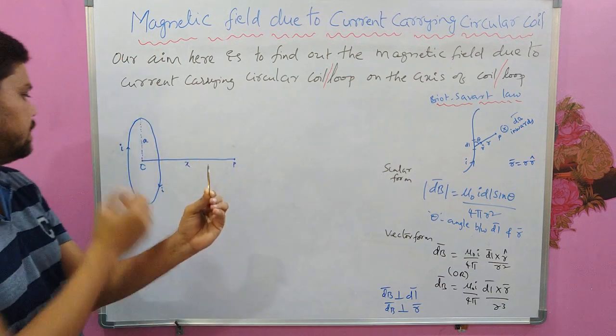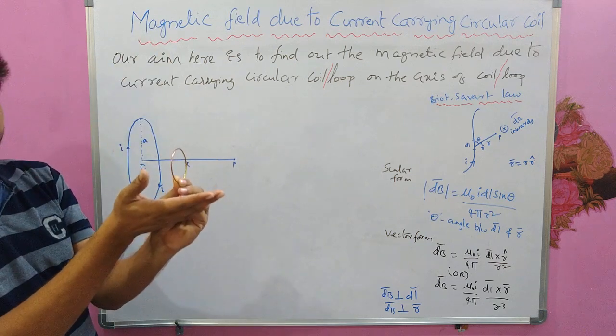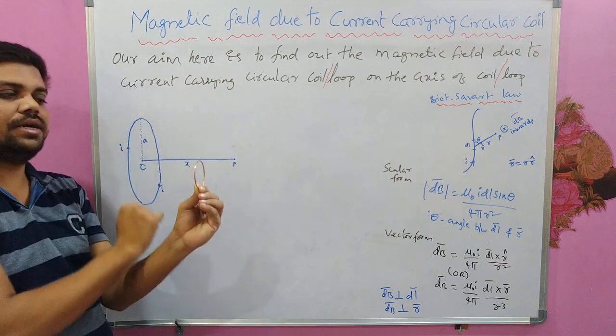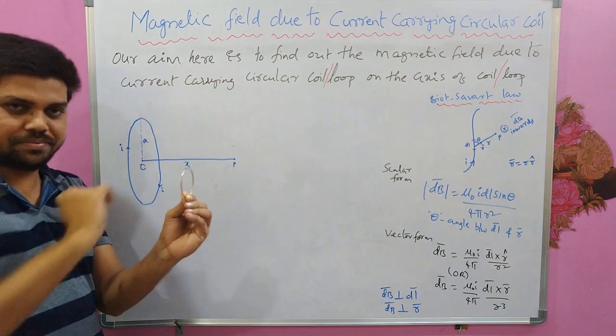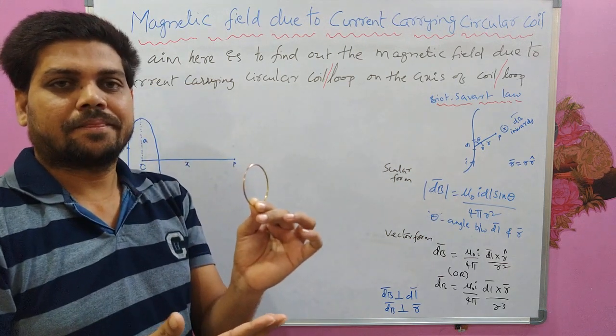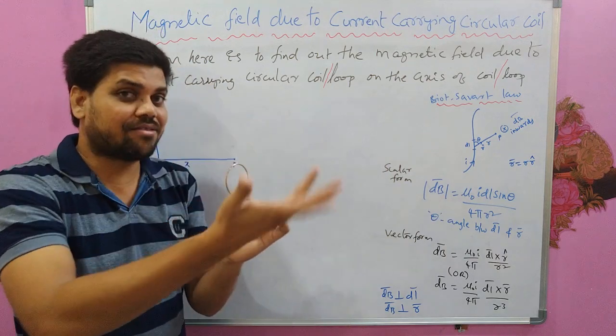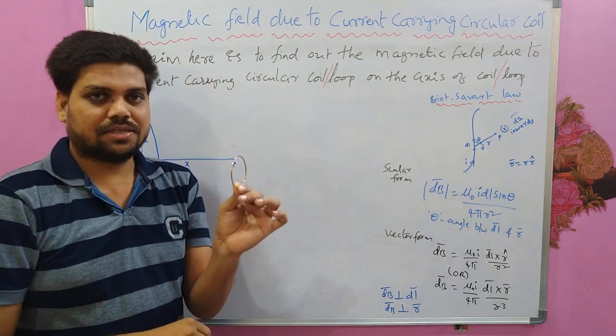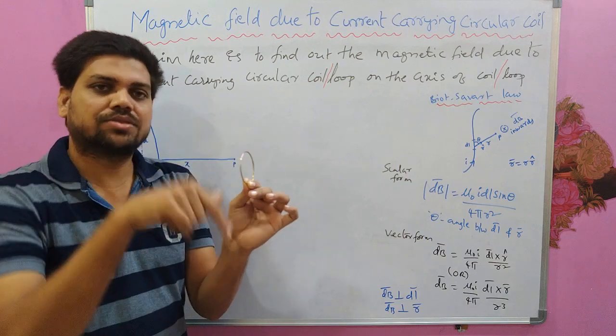But if I consider this as this side and this edge on this side, it looks like anti-clockwise direction. So depending on your imagination, the current seems to be either clockwise or anti-clockwise flowing through the coil.